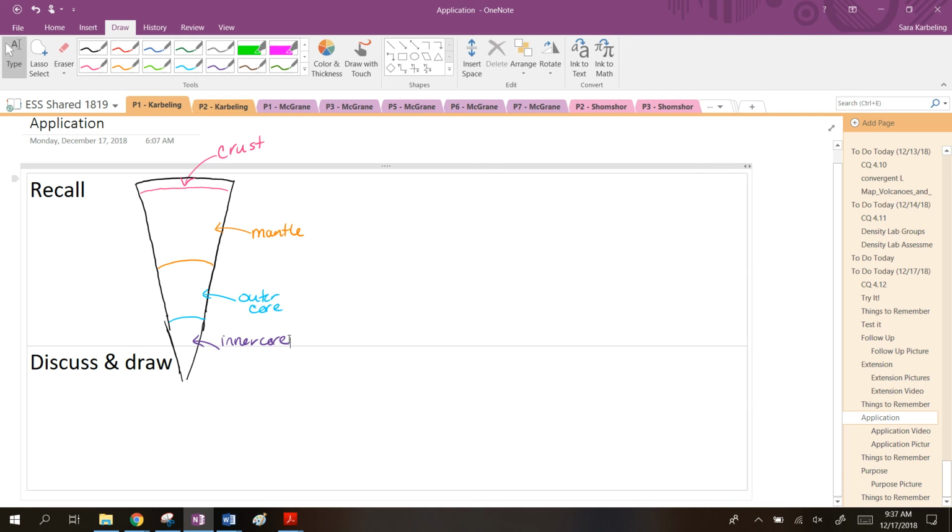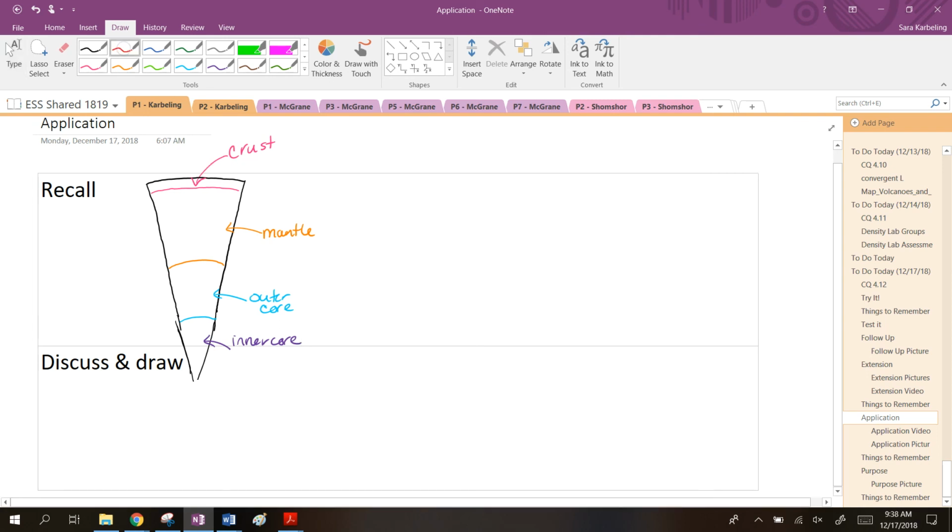You think it's really hot up here and cool down here? No. The further you get towards the middle, the hotter it gets, right? So the mantle is hot down here, and it's cooler up here.